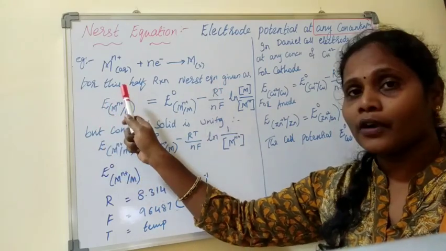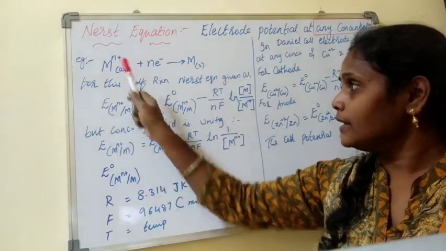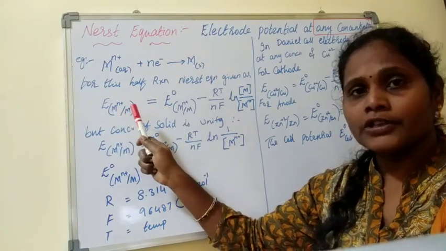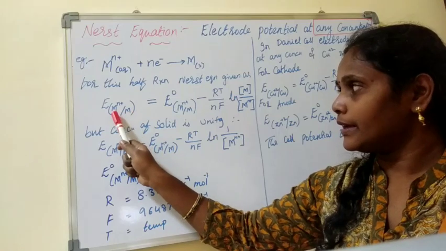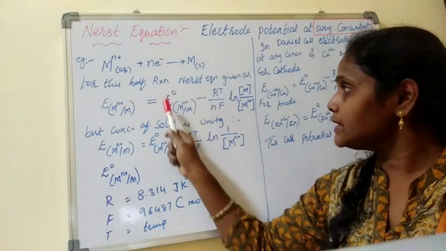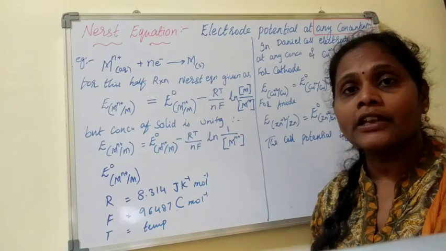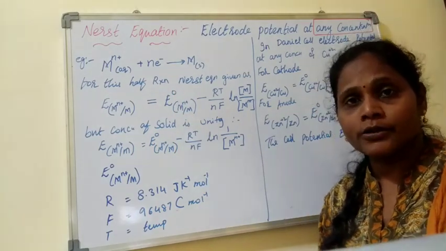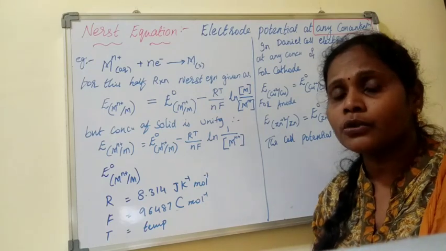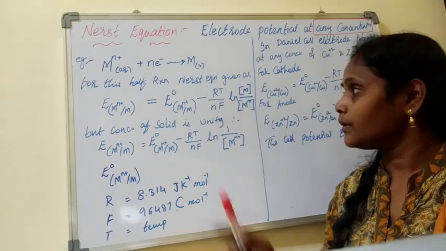Say E cell we want, right? So E for this cell, M^n+/M. Reduction potentials we have to take, so we have written it like that. Then E naught M^n+/M. What is this E naught again? Which we have calculated by using the standard hydrogen electrode, or whatever electrode potentials you have in your electrochemical series, right?